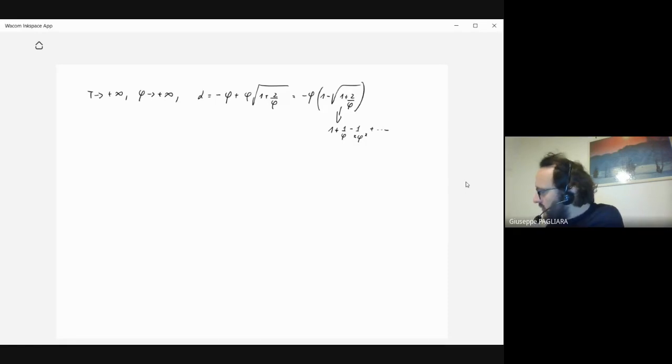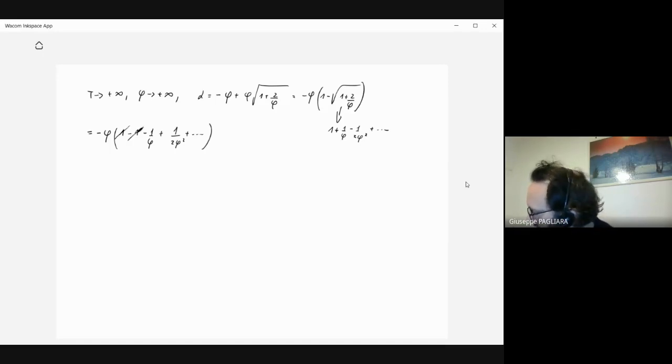plus other terms. Of course, if phi goes to infinity, this is an infinitesimal quantity, and we can Taylor expand this expression. So this is minus phi, then we have a 1, minus 1, minus 1 over phi, plus 1 divided by 2 phi squared plus other terms. So this goes away.